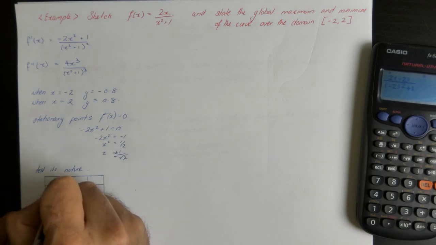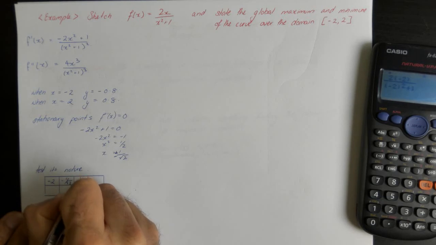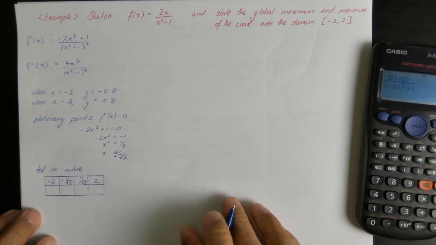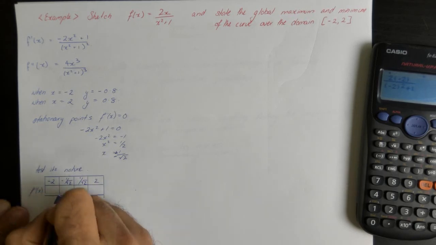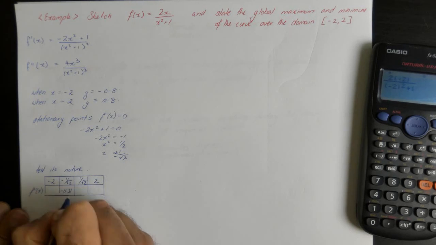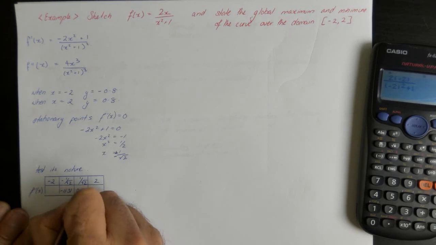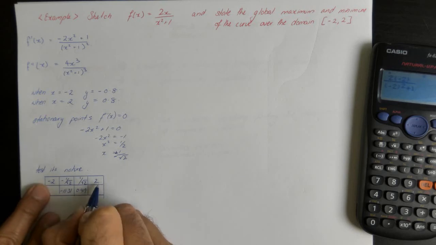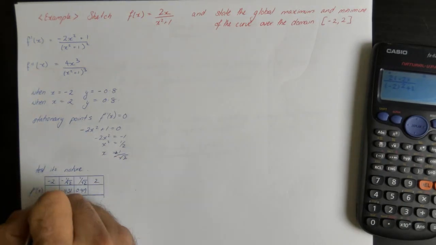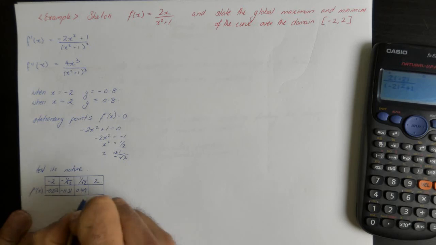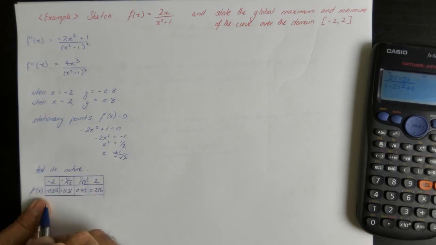By plugging this into the second derivative, I get -11.31 approximately. Here I get 0.419, and I've placed these two values here, the -2 and the 2, the extremes, and I get 256, negative and positive. So I notice that this is less than that, and this is higher than that.